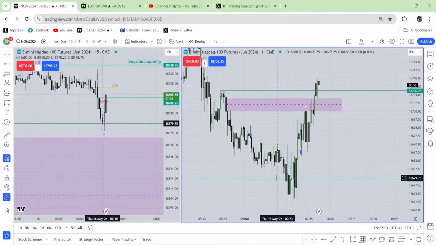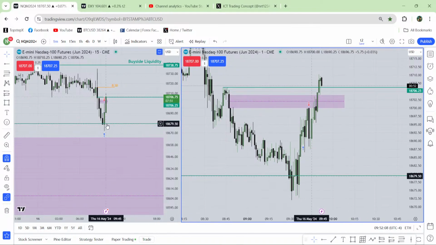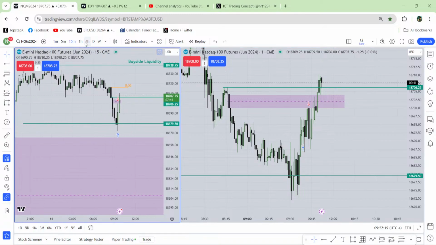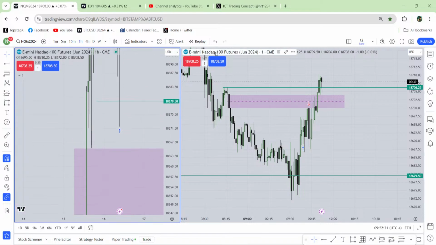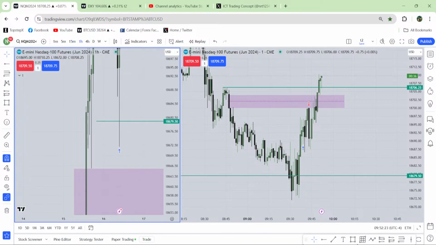So you can see this is the 50% of that hourly week. It tapped this 50% of that hourly week and went higher. So this hourly week 50% is also called a last fair value gap. Okay, a perfect last fair value gap. Now let me actually see, did I mark it perfectly or not? Let me check it one more time.